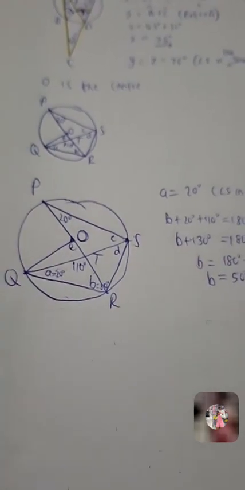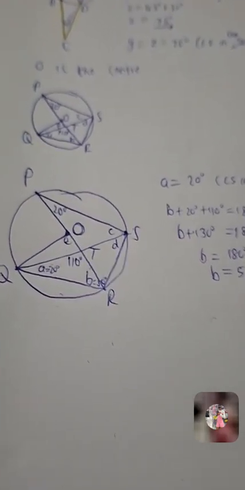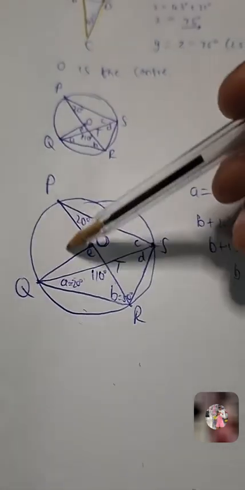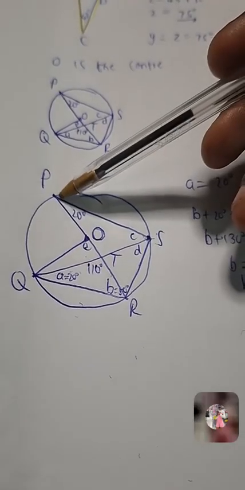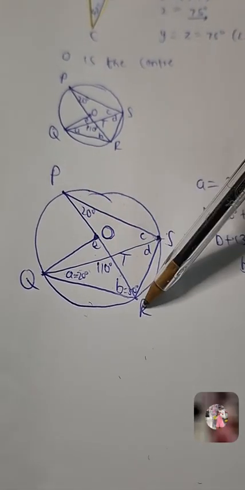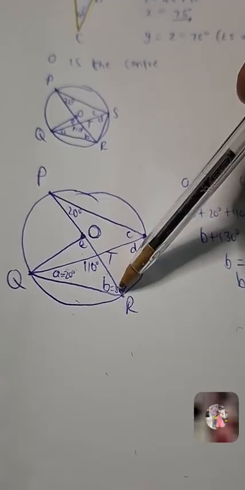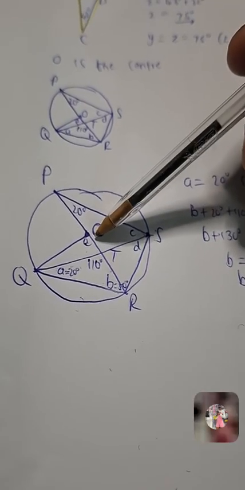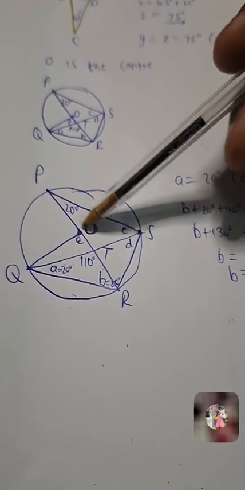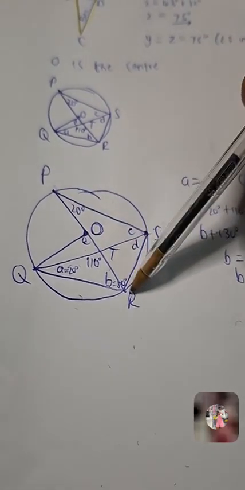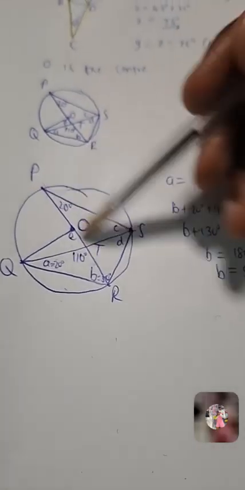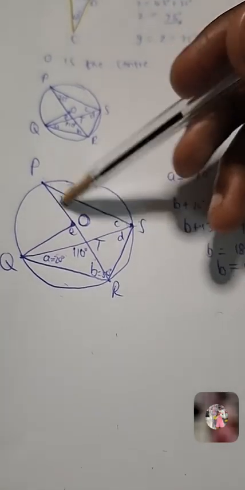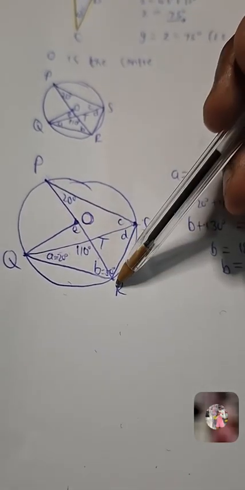Why do you say the diameter? Because PO is the radius. True. I agree with you. Therefore, OR is also the radius. Very true. And that is going to lead us to the conclusion that PR is the diameter, because this is a straight line that passes through the center to the other end of the circumference.